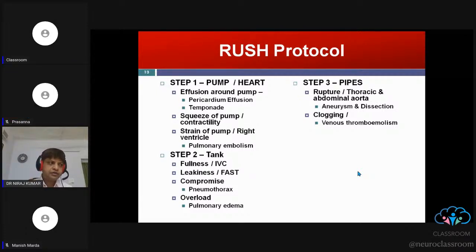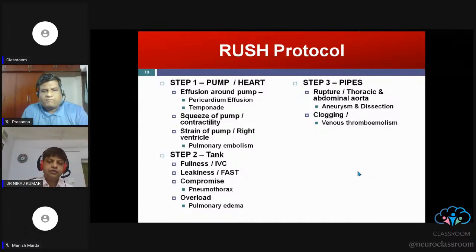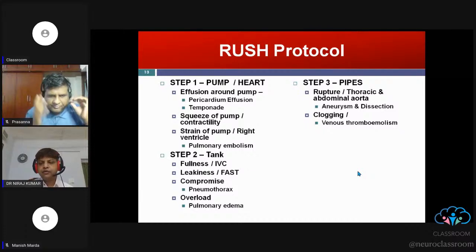This was described by Philippe Perera in the Emergency Medicine Clinics journal in 2012. This protocol first describes the status of the heart, which he described as the pumping activity. And in the second step, we have to assess the tank. Tank means whether the blood is accumulated in that part.